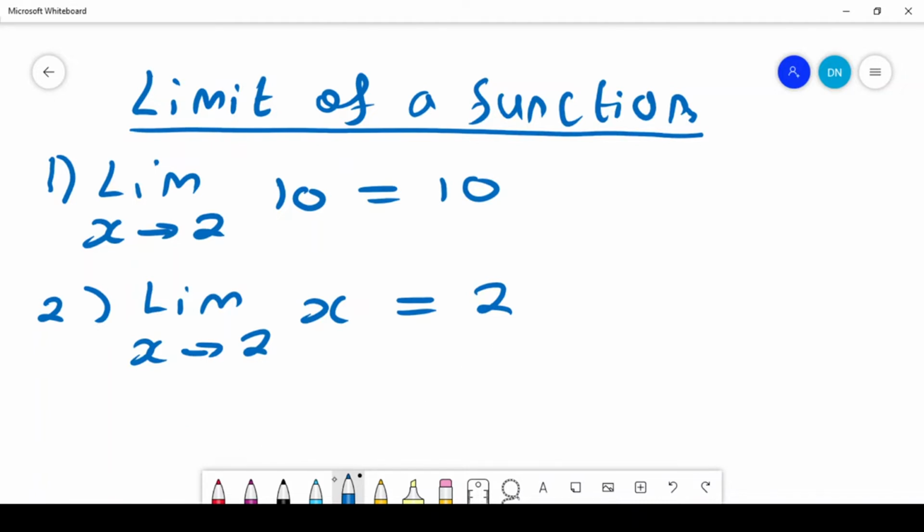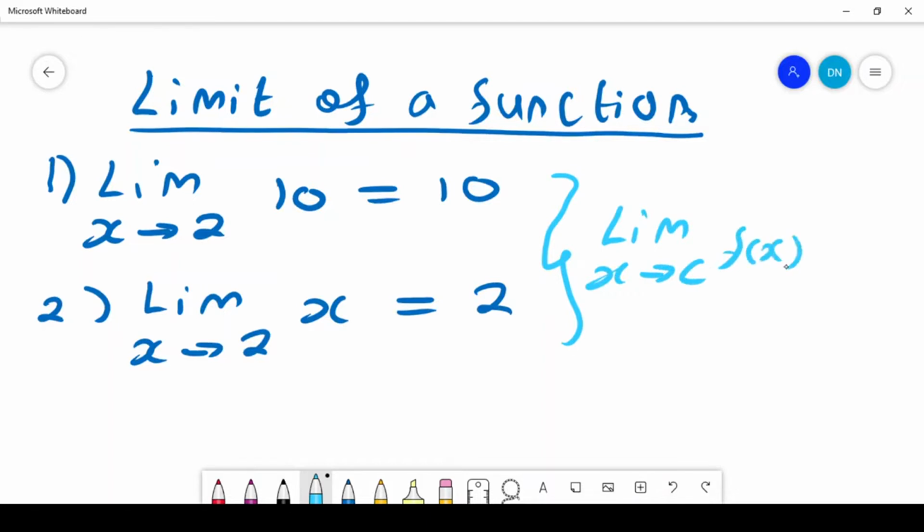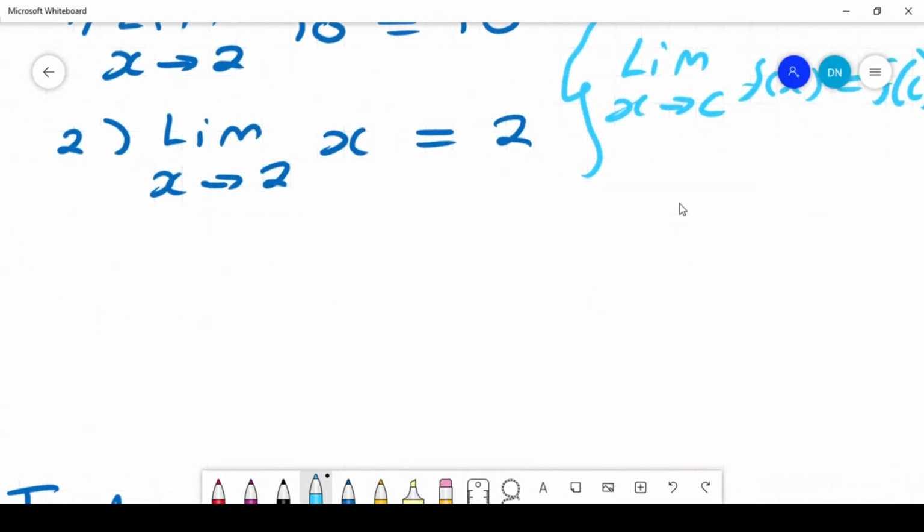The idea behind what we are doing is if we look at limit as x tends to a constant c of f of x, then it should be f of c. So we replace x with c, what we have done in that example, and that's how we would get the limit of a function.